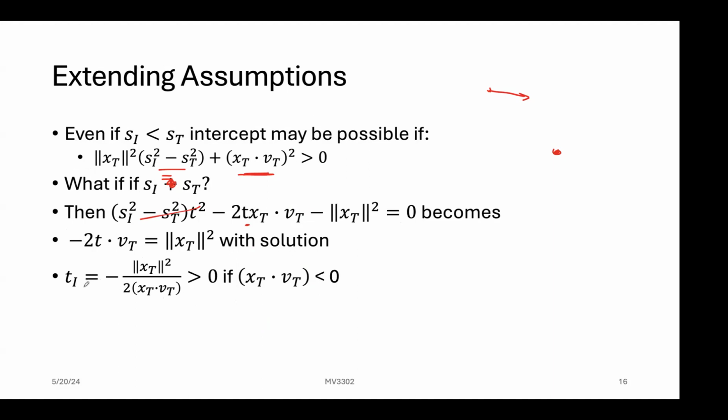So if they're exactly equal, and we're heading in the right direction, that is, if we're not heading away, then it's possible for us to catch it. In other words, if that inner product is negative, then the negative will become a positive, and so we actually can catch.